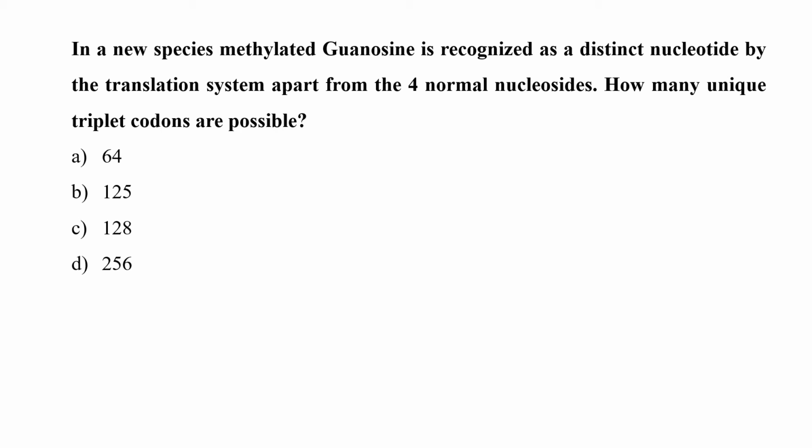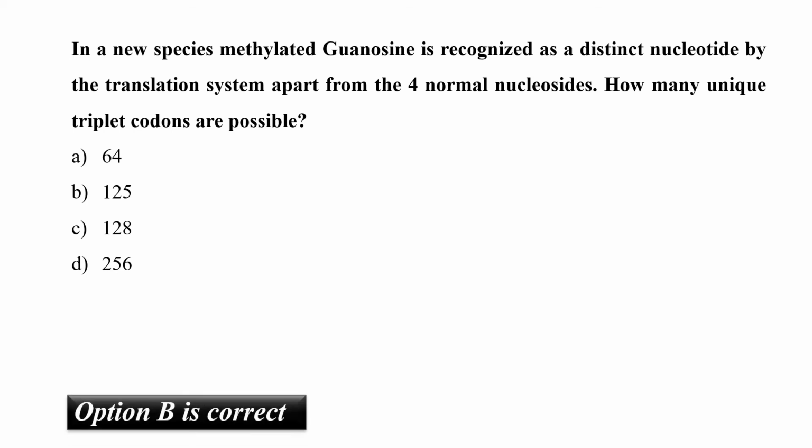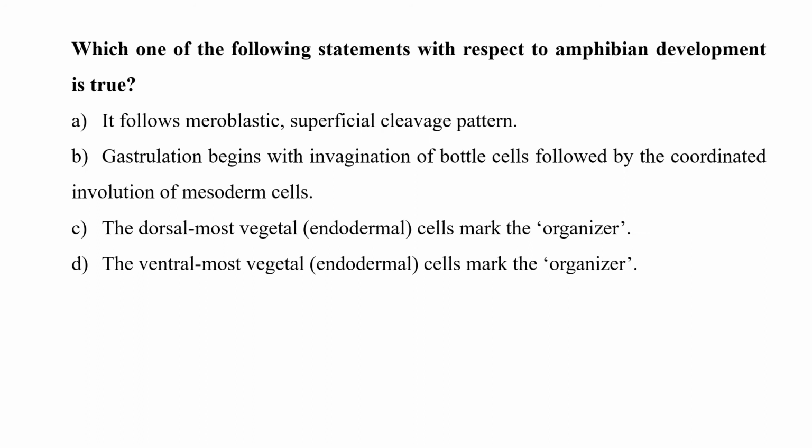Now, any single set of three nucleotides which codes for an amino acid is called a codon. Considering there are 5 bases, the 4 conventional ones plus methylated guanosine, we have 5 to the power 3, or 125 different combinations of codon. So option number B, 125, is going to be the correct answer.